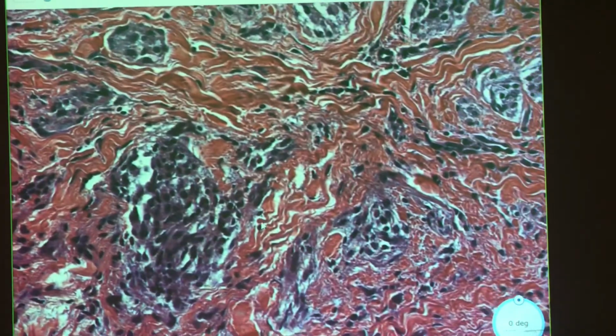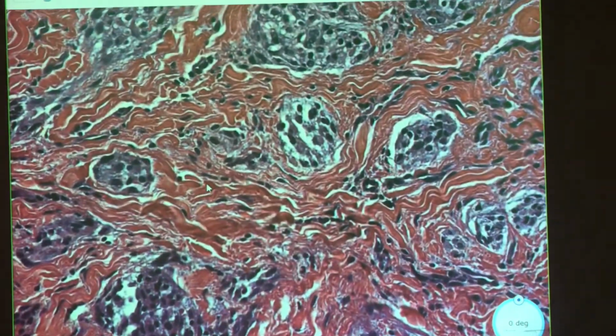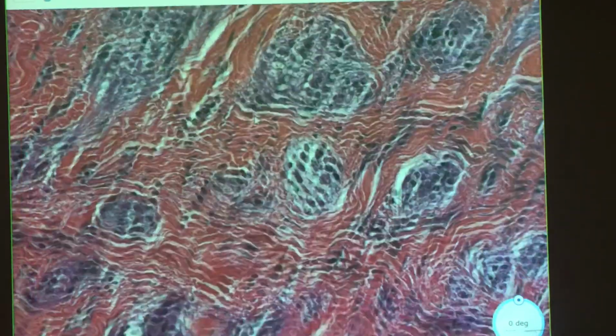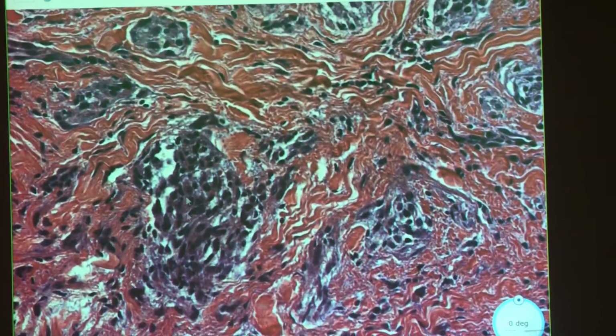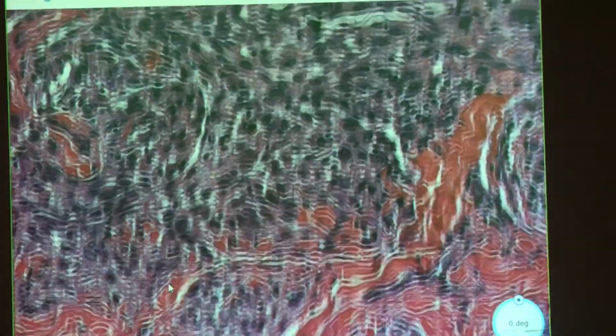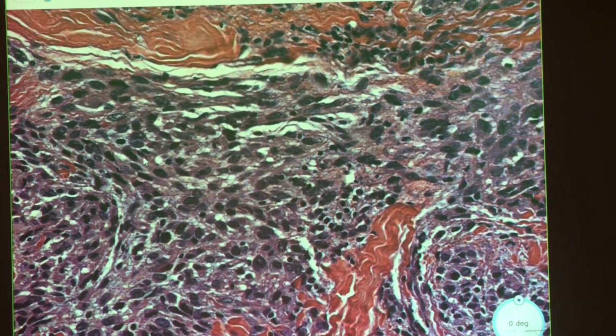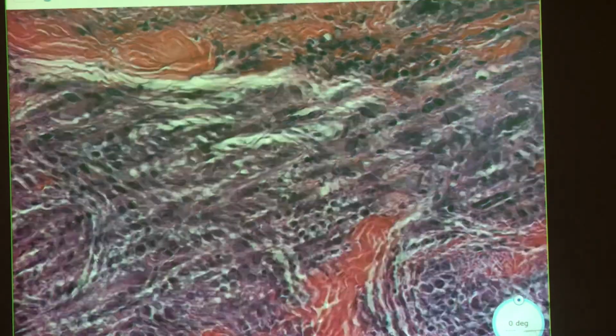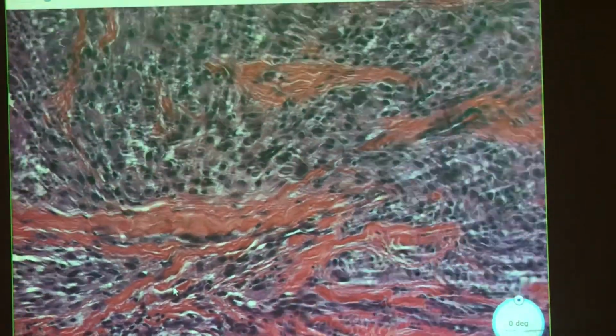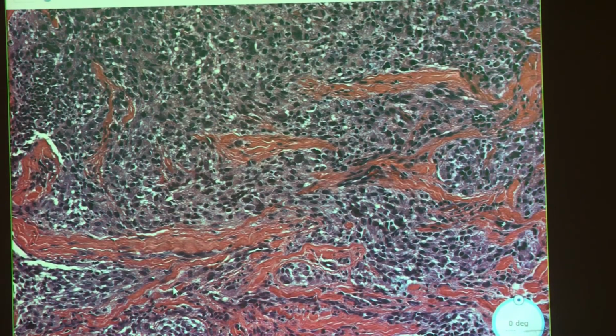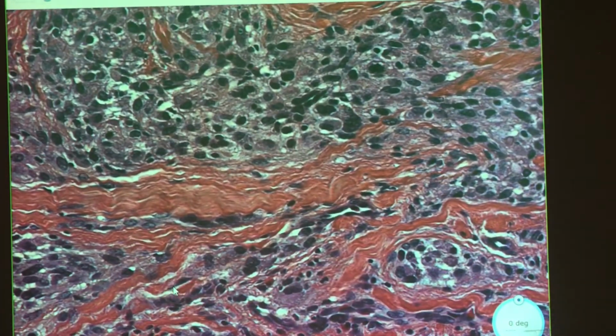They're maybe a bit more spindly. You can't really see the borders that well. Some areas are a little more spindly. So spindly and histiocytoid. Nuclei look pretty uneventful though.